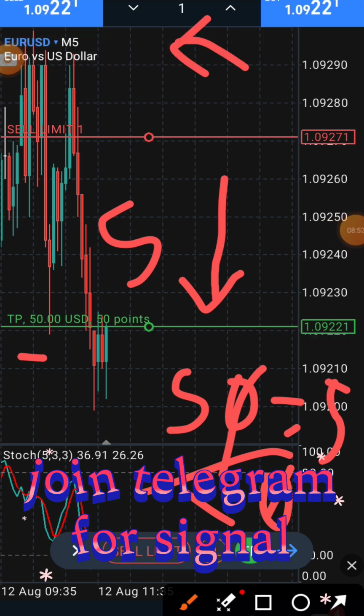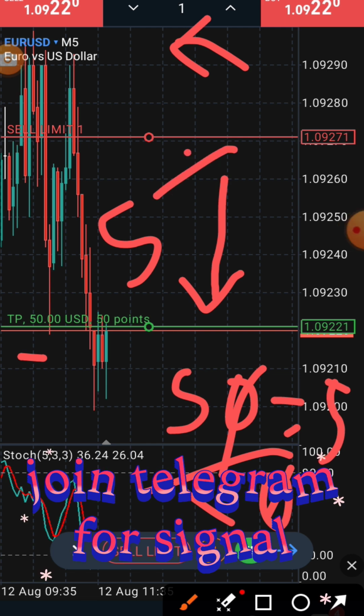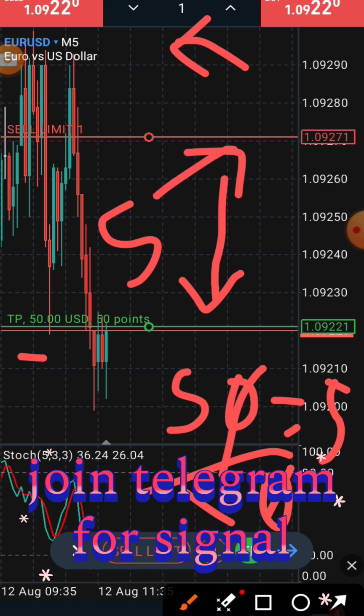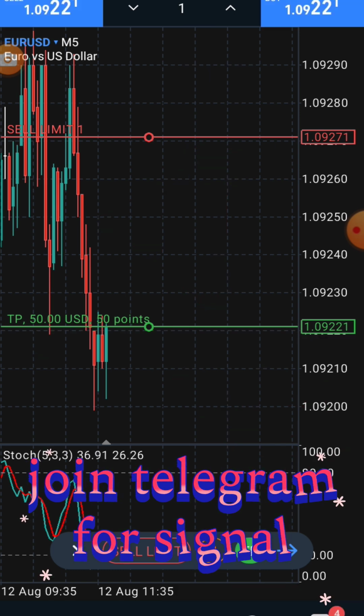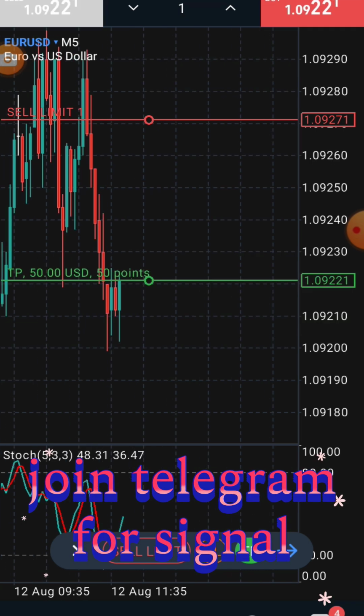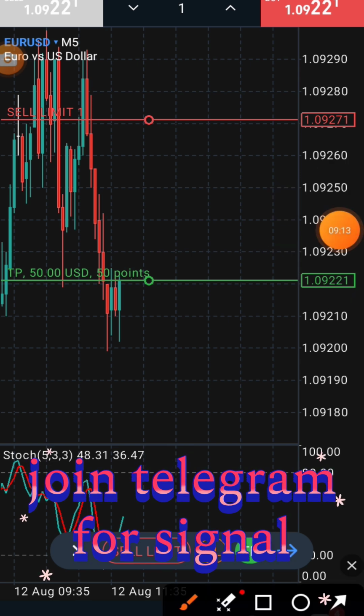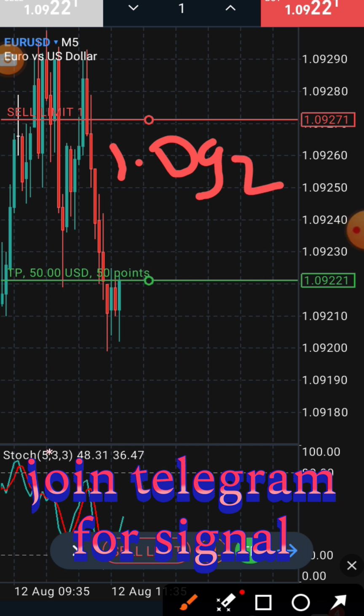Or you can calculate another way. For example, see this: you have sold at 1.0927.